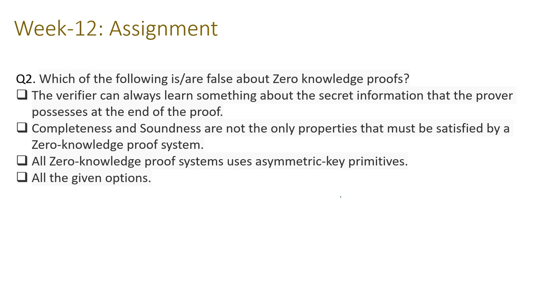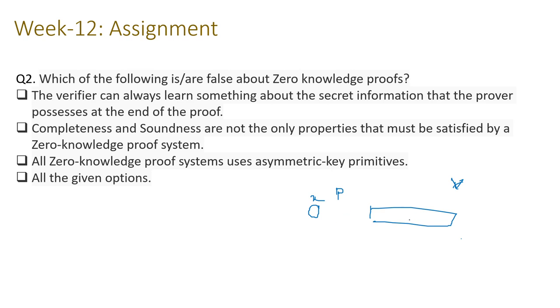The purpose of zero knowledge proof is that if there is a prover who is trying to prove that it has access to some particular information, say X, then a communication happens between prover and verifier, and at the end of that protocol, the verifier should be convinced that P indeed has access to that secret information X, but V should not learn anything about X, the secret information itself.